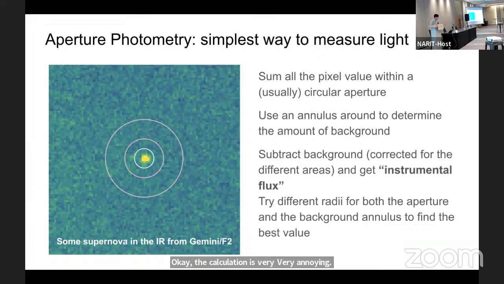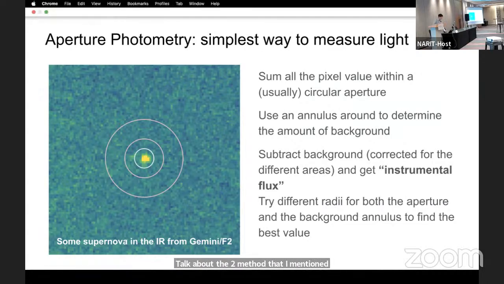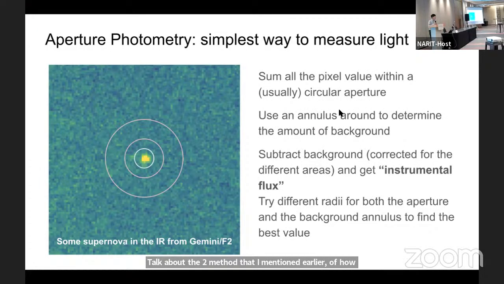All right, so now that we know some of these terms, let's talk about the 2 methods that I mentioned earlier of how we actually do photometry from our data. The first one is aperture photometry, and this is the most basic way you can measure light from your image.